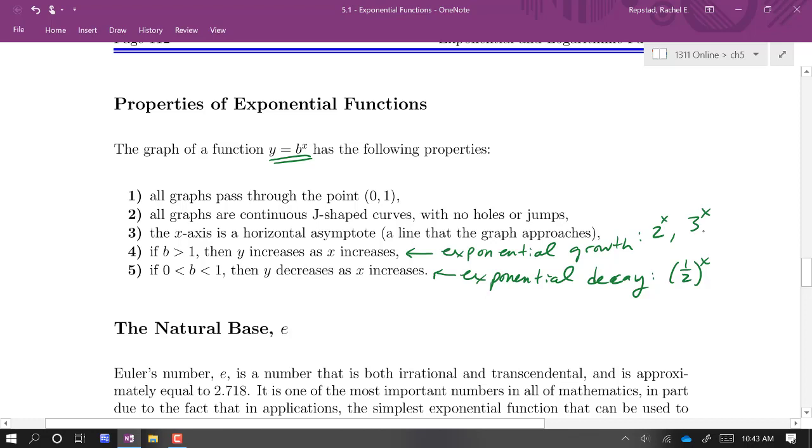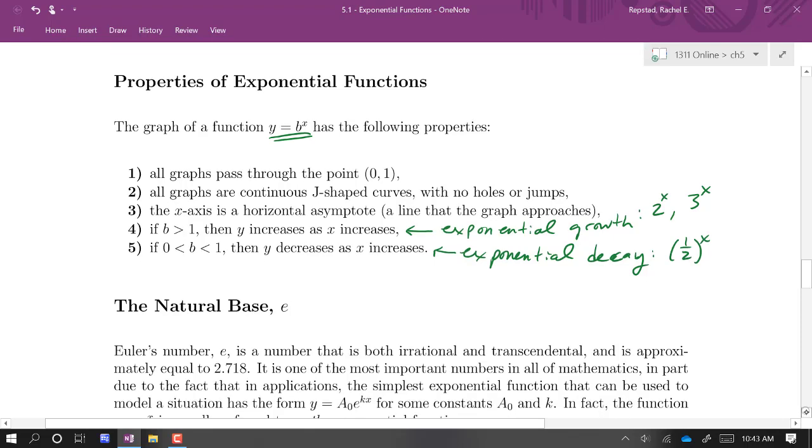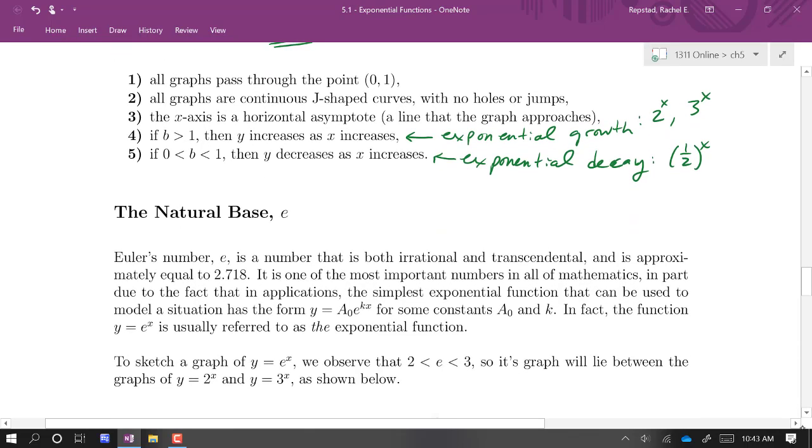Now, in working with exponential functions, one base that comes up over and over again is called the natural base, or Euler's number. We just call it e. It's a number kind of like pi. It's irrational, it's transcendental. We can't write out all of its digits because it goes on infinitely with no pattern.